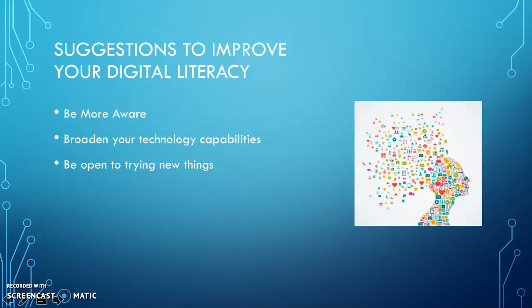So, we've talked about what digital literacy is, why it's important, and how it shows up in our everyday lives. So I hope you have a much better understanding of what digital literacy is, and maybe you are motivated to improve your digital literacy after gaining this information. So some suggestions I have to make some improvements include just being more aware of digital literacy in your world.